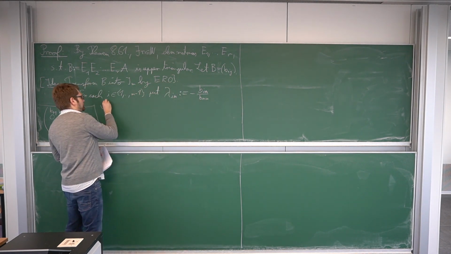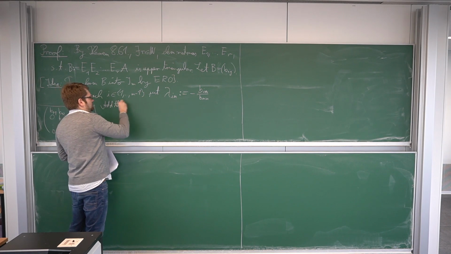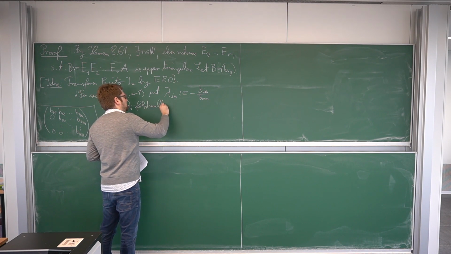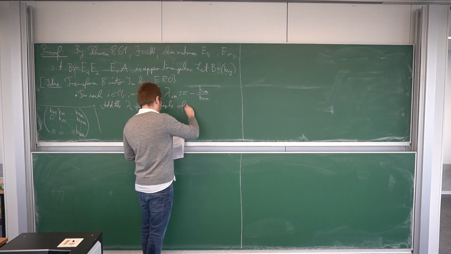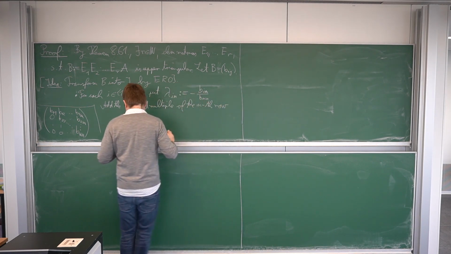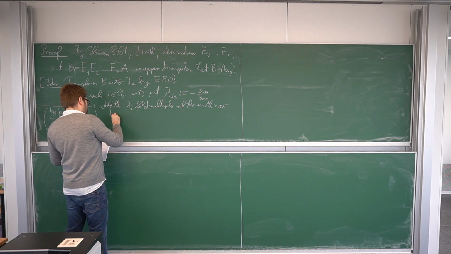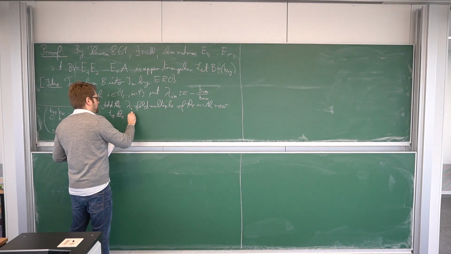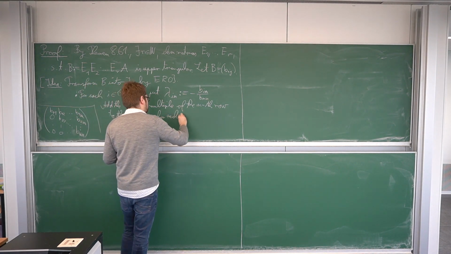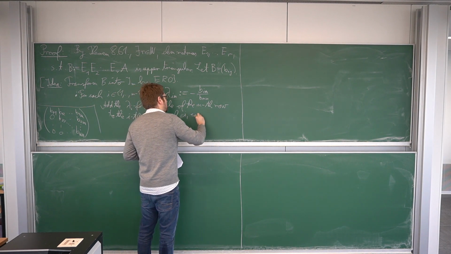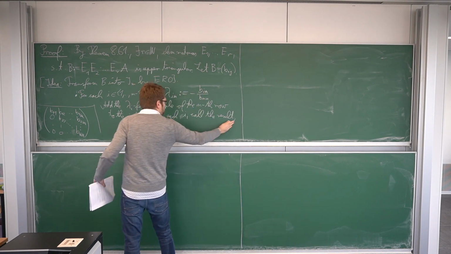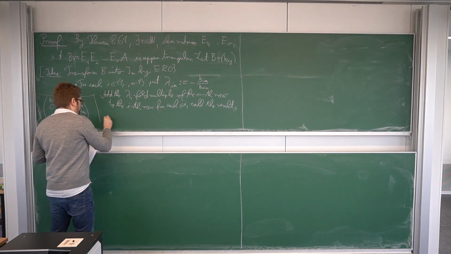Then, if we got this number, add the lambda_i-fold multiple of the mth row to the ith row for each i, and we call the result C_m.